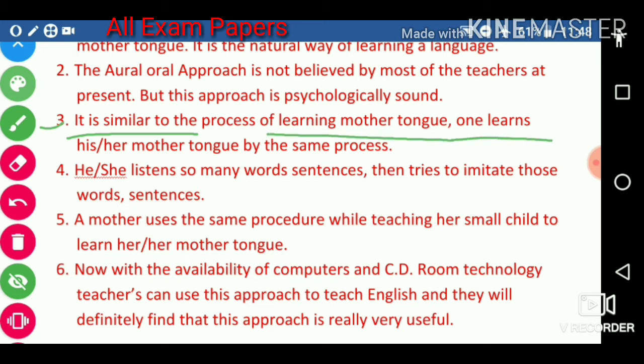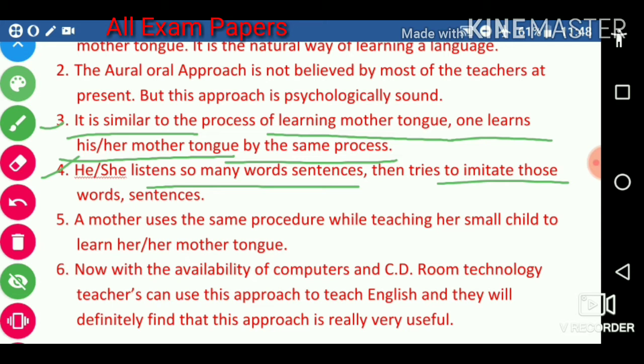One learns her mother tongue by the same process. Next, she listens to so many words and sentences, then tries to imitate those words and sentences.